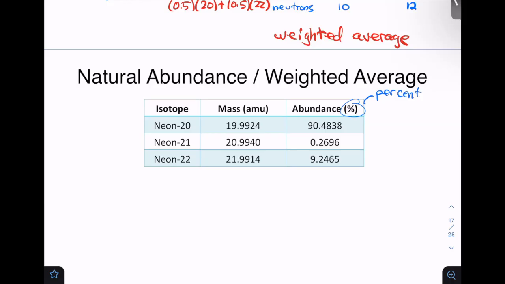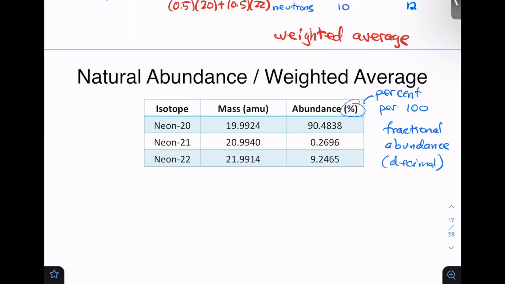That's per. Per is divided by, dividing by century, 100, right? So this is per 100. We want these to be in our fractional abundance, all right? We need fractional abundance. So if you're given percentages, just make sure that you turn them into decimals, okay?